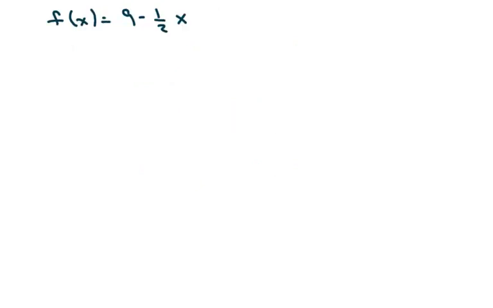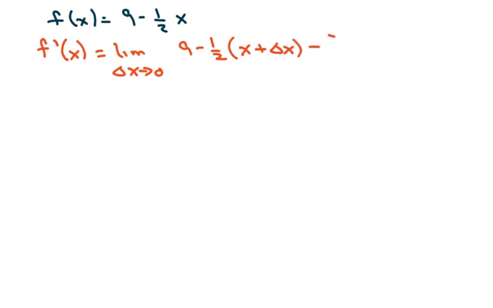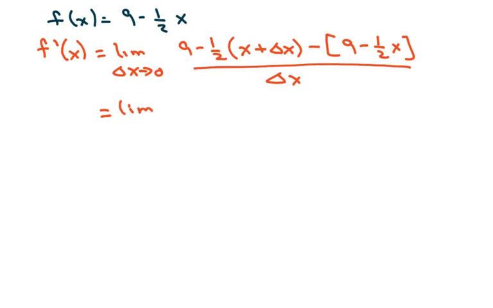Alright, the next one's very similar, so you might want to try it first. We're going to take the derivative of f by the limit process. And everywhere there's an x, I'm going to put x plus delta x. Then I'm going to subtract the whole function, which is 9 minus 1/2 x, all over delta x. And then you simplify.